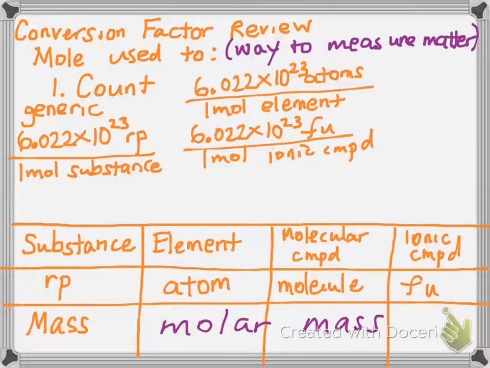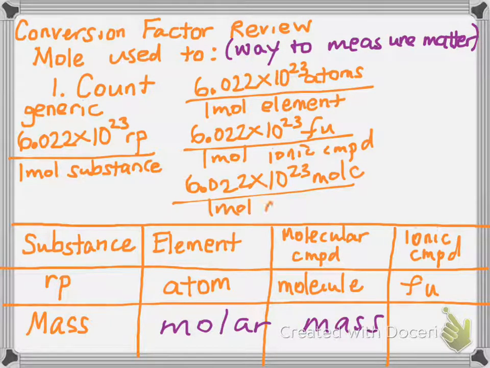And then you had one more: 6.022 times 10 to the 23rd molecules over 1 mole of molecular compound. Remember, the power of all of these is I can flip any one of them depending upon where I need the units to be so they'll cross out. So one of the ways we measure matter is by counting, and we can use the mole for that. These are the 3 conversion factors that should be on your chemistry toolkit for counting.